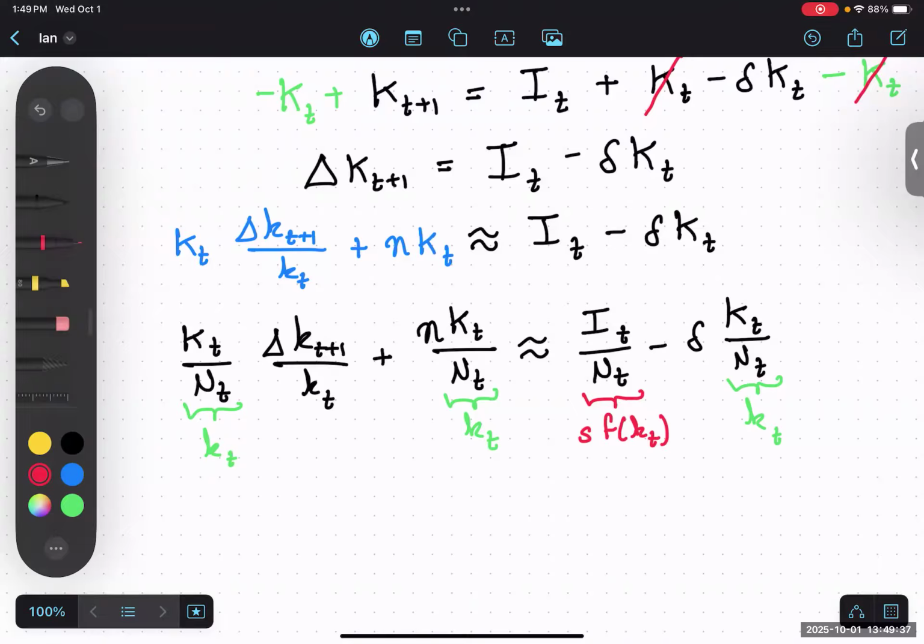If it wasn't, it would probably be easier to replace savings for investment. I mean, the other way around. Investment for savings in the previous steps, and then re-express savings as a fraction of GDP, and then until this point, re-express GDP in per capita terms.